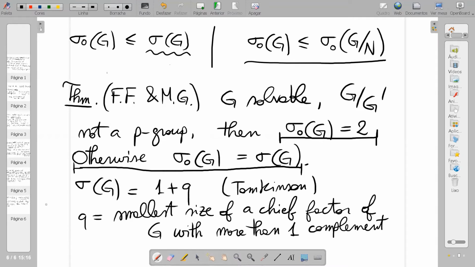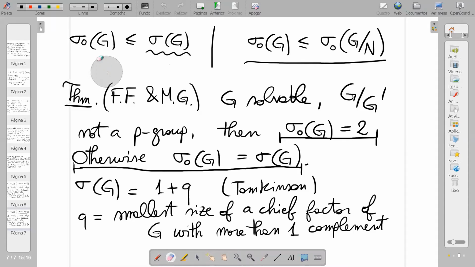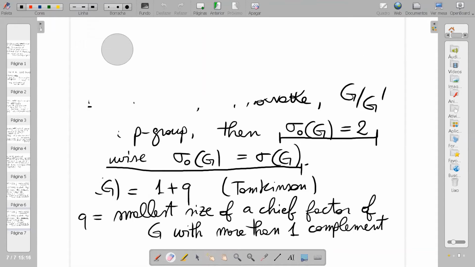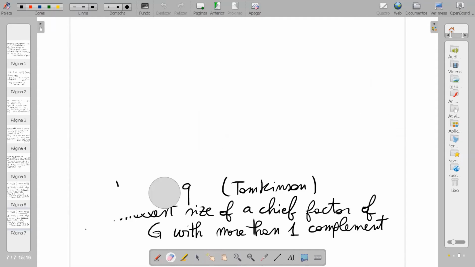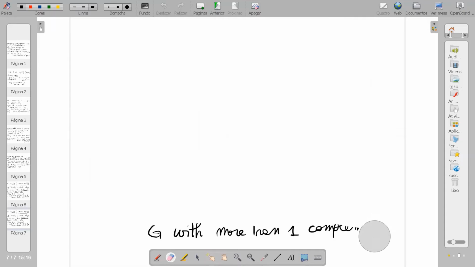Now let me just tell you quickly what is a chief factor. So essentially, in this case, we know everything about this number. So sigma 0 of G is equal to sigma of G when G is solvable, and in this case, it is 1 plus the size of the smallest chief factor with more than one complement, right?